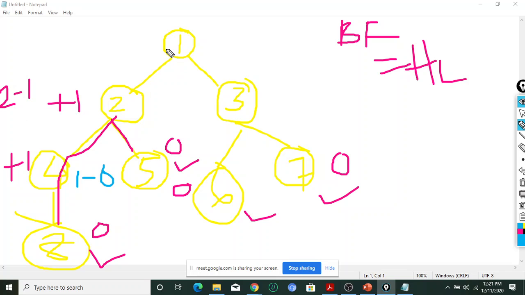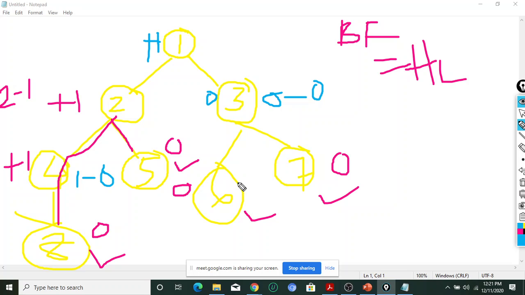If I consider this one, this is 0, this is 0, so 0 minus 0, the answer is 0. Now what is the height at this root node? 3 minus 2, so that is plus 1, right?